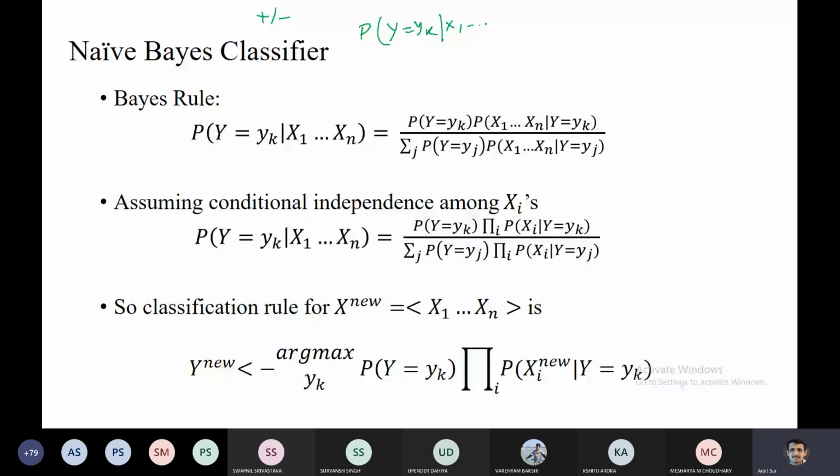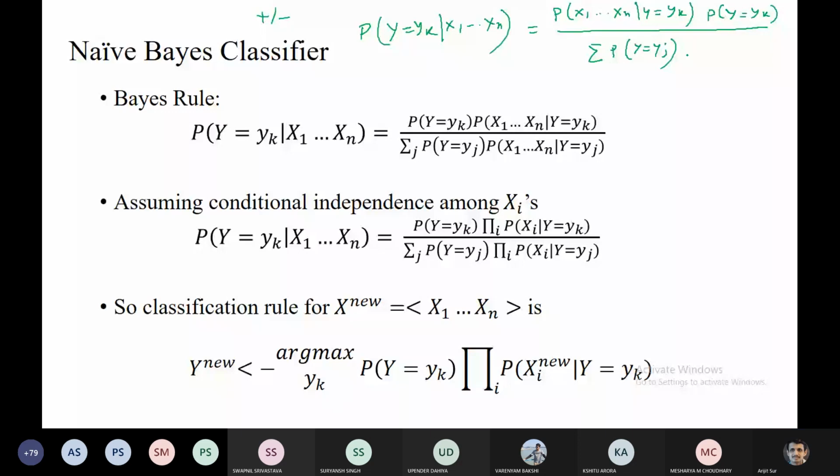What does Bayes rule say? This will come to the top: P of x1 dot dot dot xn given y equal to yk, into P of y equal to yk, divided by the summation over j of P of y equal to yj, P of x1 dot dot dot xn. So this is the cumulative probability.